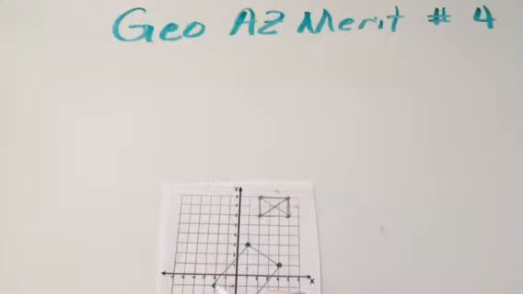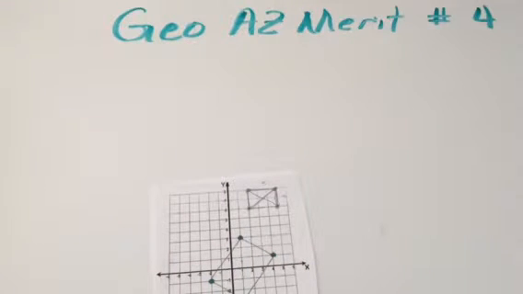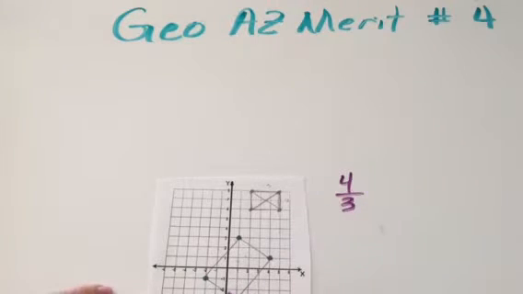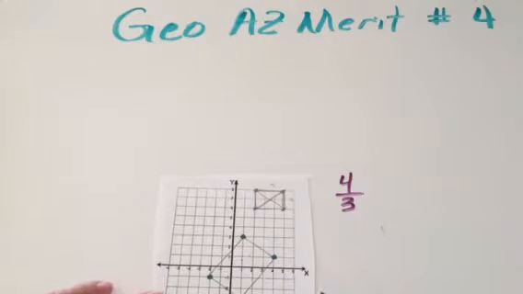So let's do one thing real quick. Let's find out the slope of this line. To find the slope of this line, I go up 1, 2, 3, 4, and over 3. So the slope of that line is 4 over 3. Now the slope of this line, up 4 over 3, same thing, 4/3.